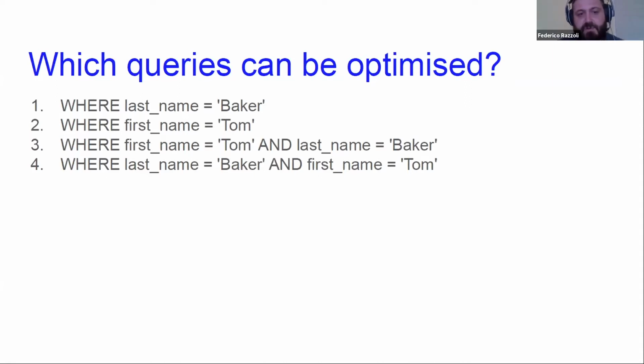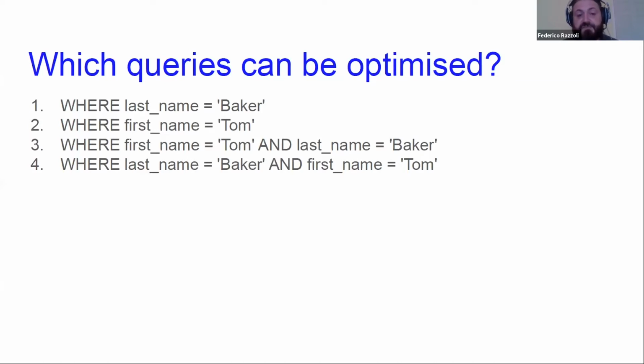The following queries, well, actually, they are very similar, right? One is where first name equal Tom and last name equal Becker. Can this query use an index? Well, yes, of course, because you can use a phone book to find someone who's called Becker and his first name is Tom.